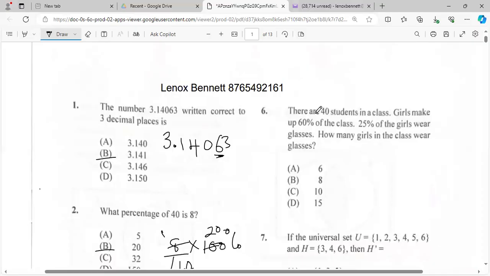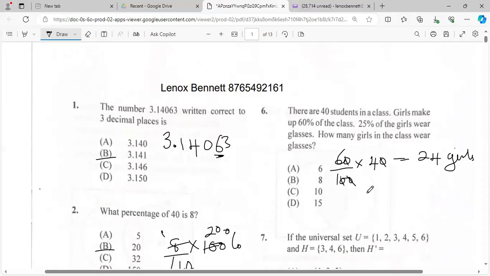Alright, so guys, it's 40 students, so let's find 60% of that 40. Because we need to know how many girls, right? So that's 60% of the 40. Alright, let's go. So you have a total of 24 girls, but only a quarter of that are 25%.